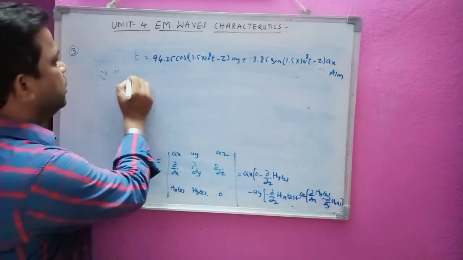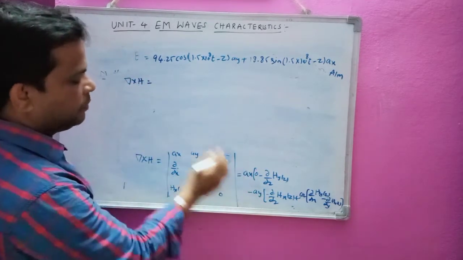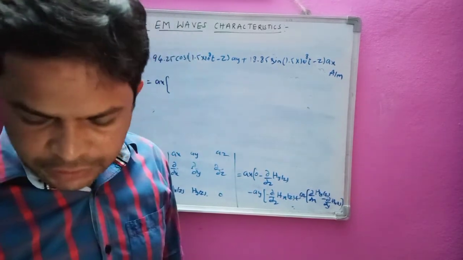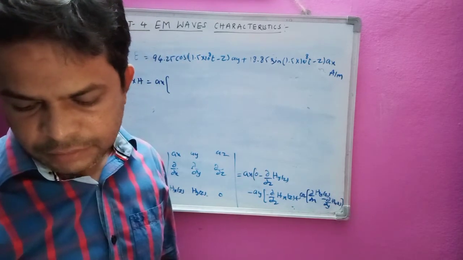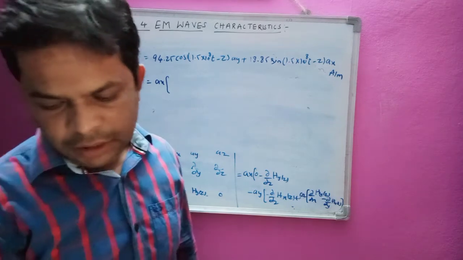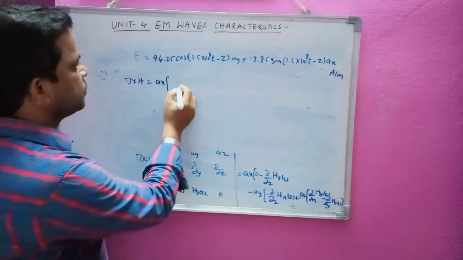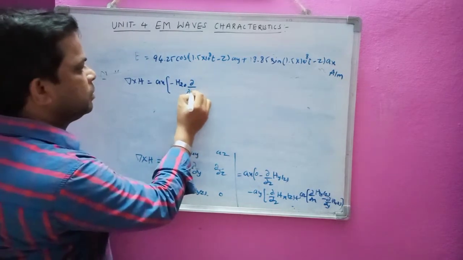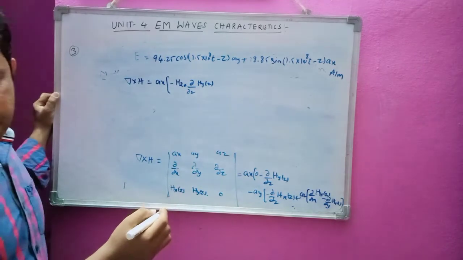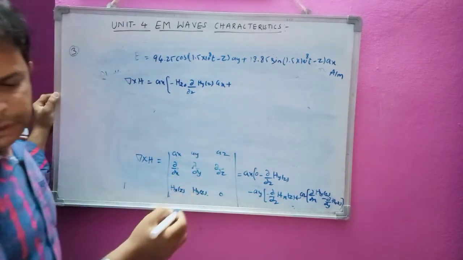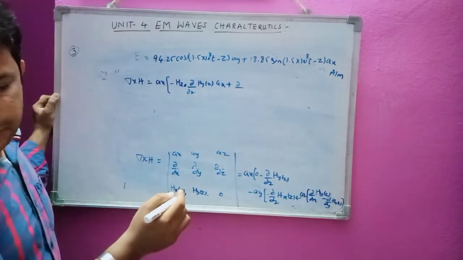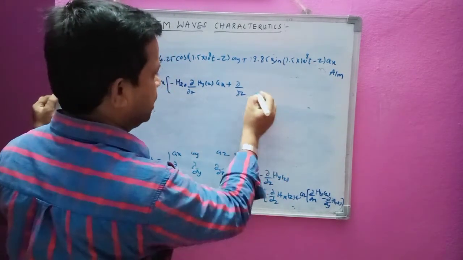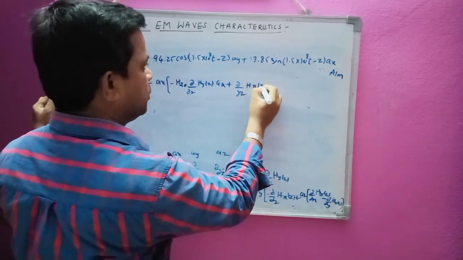So I can write del cross H is equal to ax into what we have got, that is Hy of z, you can see the equation, Hy of z what he has given, 0.5 sin omega t, minus dou by dou z of Hy of z into ax, plus dou by dou z of Hx of z, minus of minus plus, into ay.